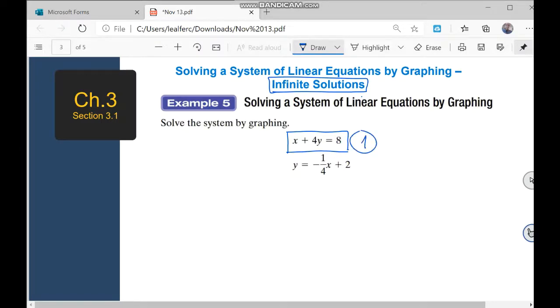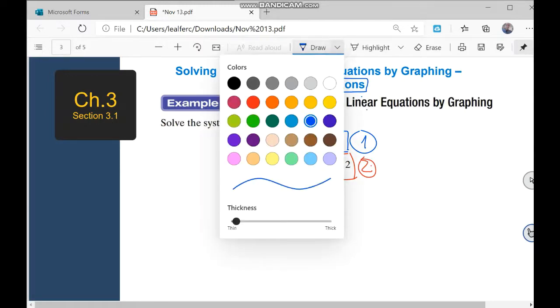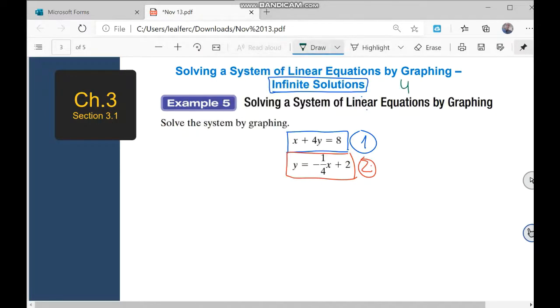We have equation number 1 here. The next one we're going to call equation number 2, in red. Let's solve it by hand, by graphing, finding each equation in the slope-intercept form. So change it and make it look like the slope-intercept form, with the slope m and the y-intercept b.